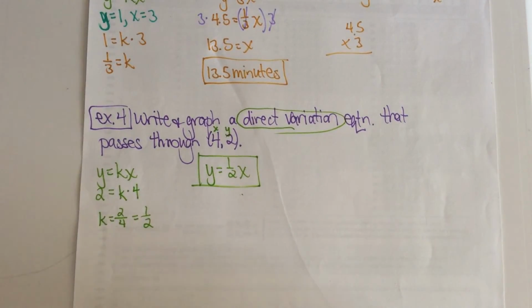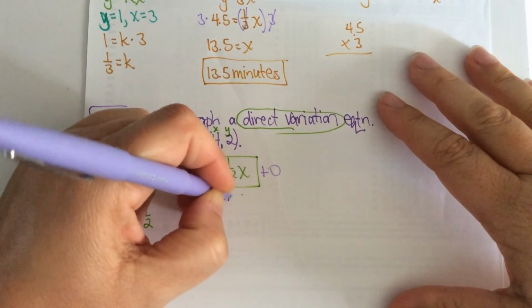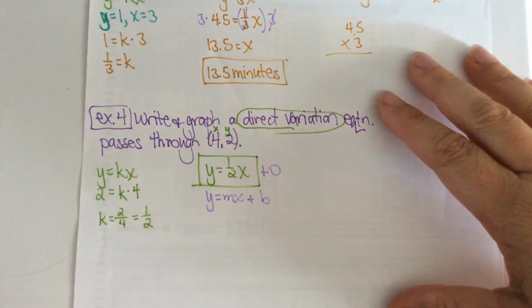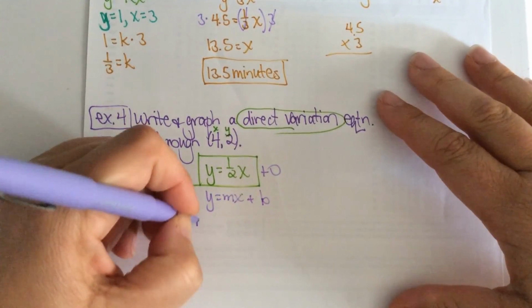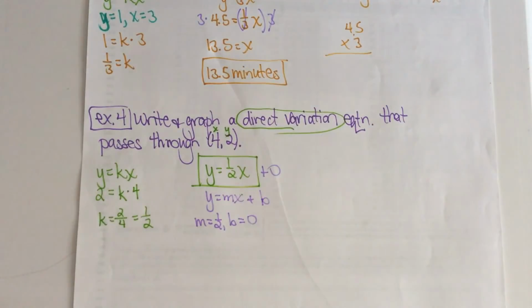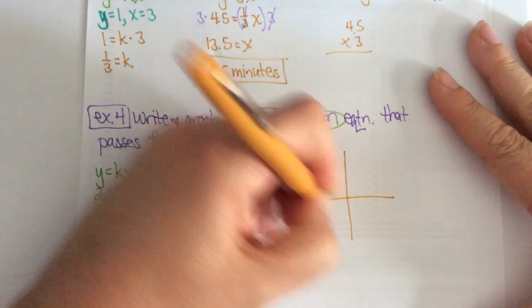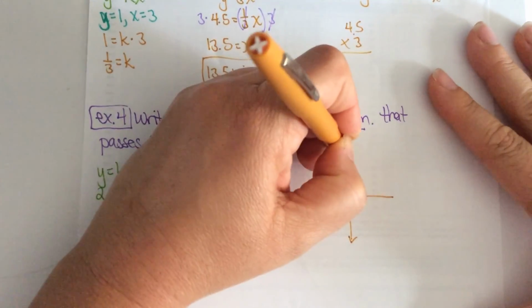So for graphing, I need to think about, okay, what is this graph going to look like? Well, hopefully you recognize this as an equation of a line. Y equals mx plus b, right? So the m is 1/2 and the b is 0. So when I'm graphing it, I'm going to start with a y-intercept of 0.